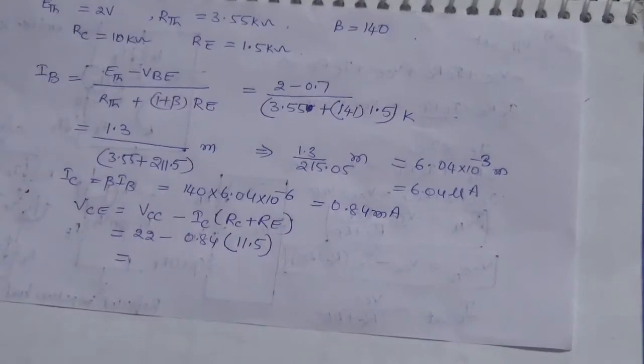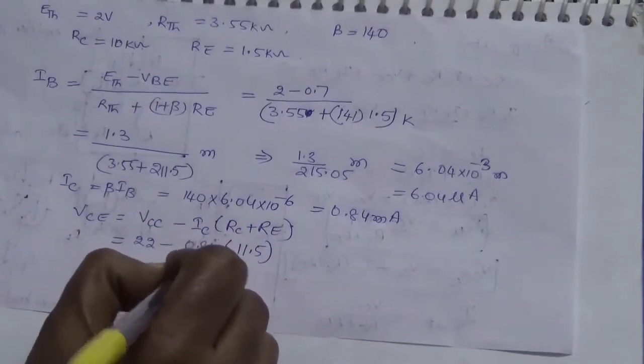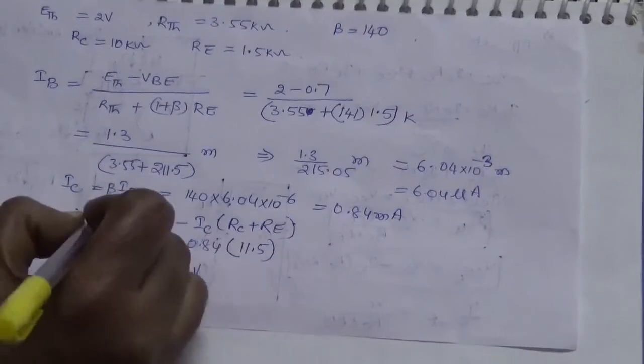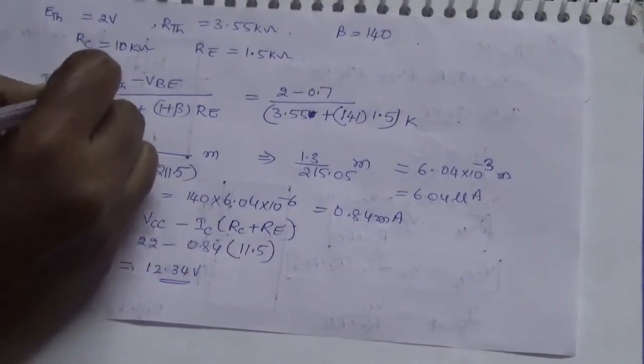So 0.84 into 11.5 is 9.66. Subtracting that from 22, you will get 12.34 volts. This is VCEQ, this is ICQ, and this is IBQ.